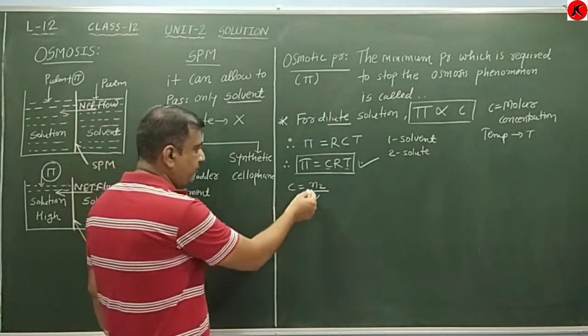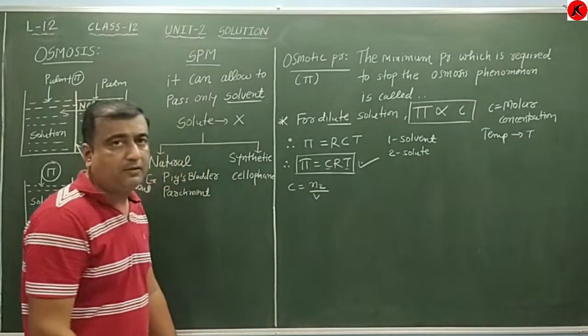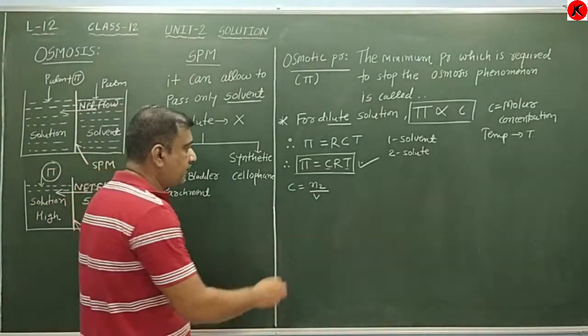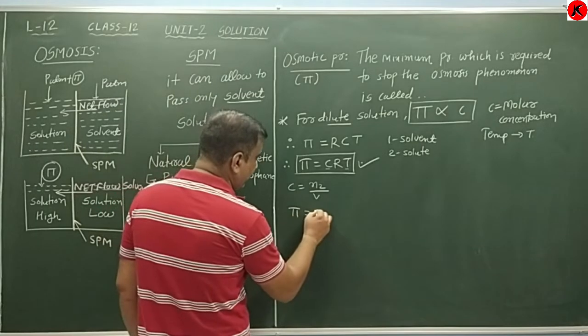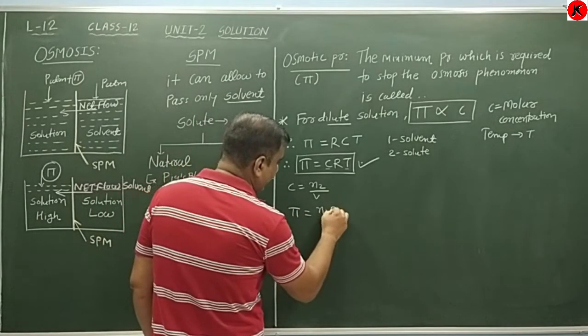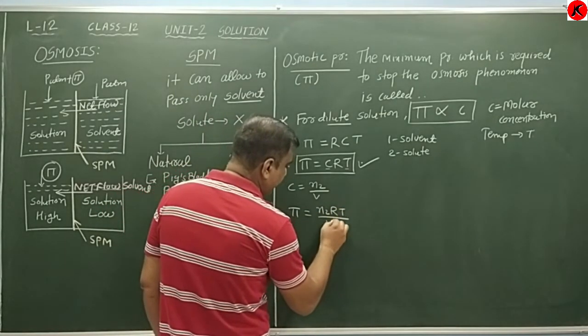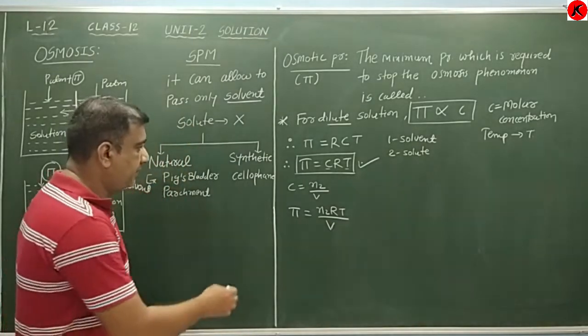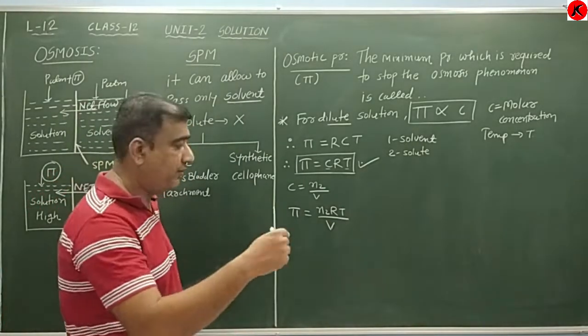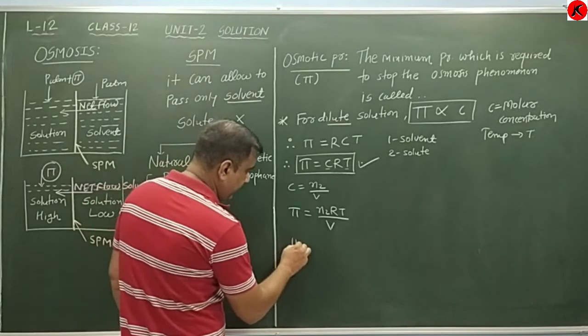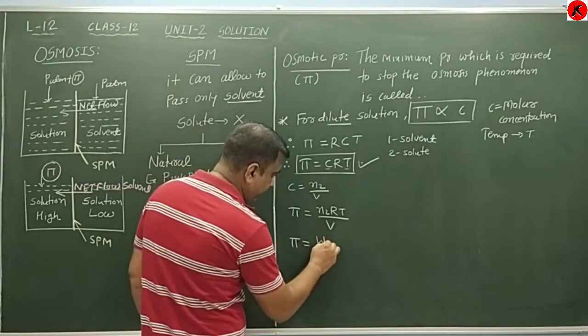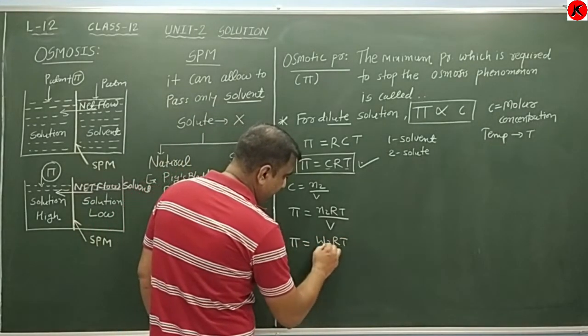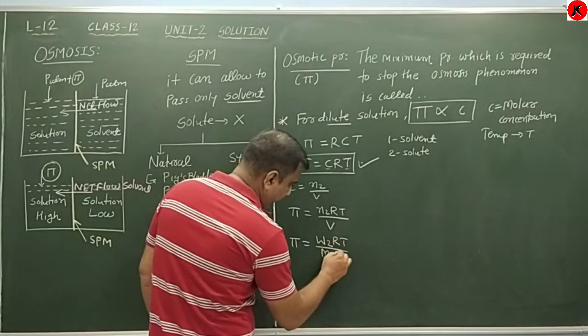That means moles of solute divided by volume of solution in liters. That means pi equal to n2 RT by V. Again, how to calculate moles: given mass upon molar mass. Therefore, pi equal to W RT by M2 into V.